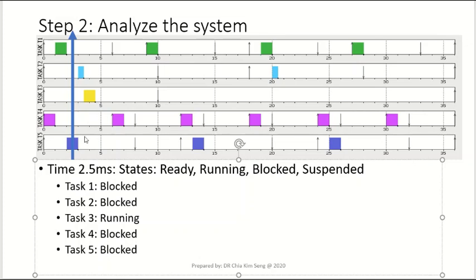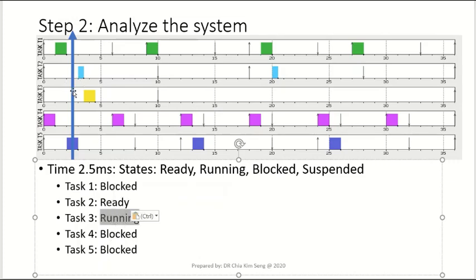The third example is if the time is at 2.5 millisecond. At 2.5 millisecond, task 1 is completed, so it is in the block state, and task 2 hasn't been completed, so it's in the ready state, waiting for the CPU.